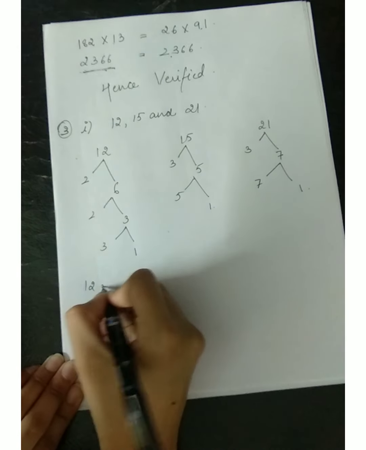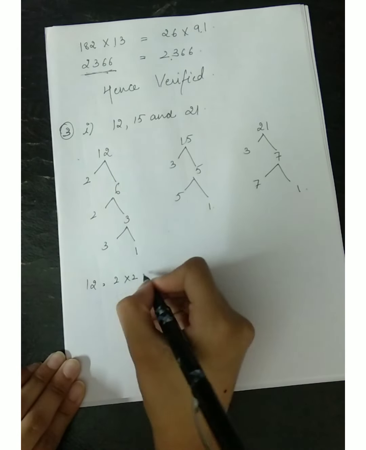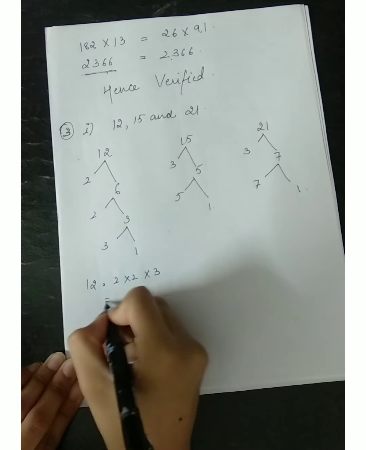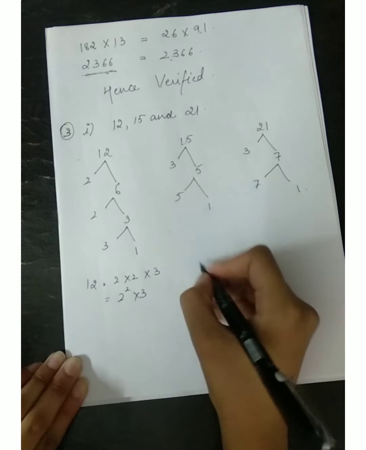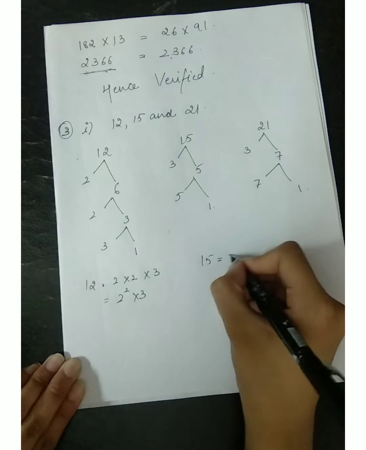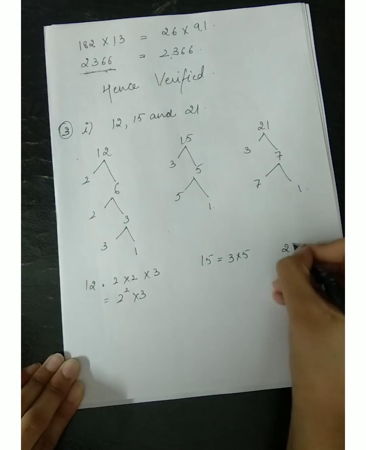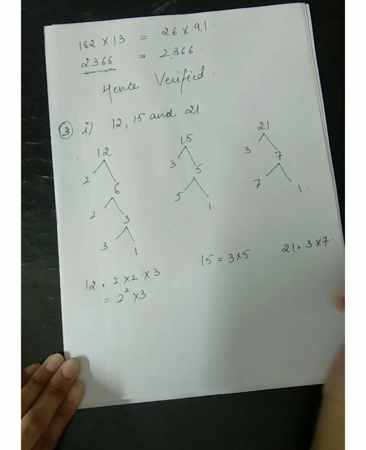Now 12 is equal to 2 multiplied by 2 multiplied by 3, which is 2 square multiplied by 3. 15 is equal to 3 multiplied by 5 and 21 is equal to 3 multiplied by 7.